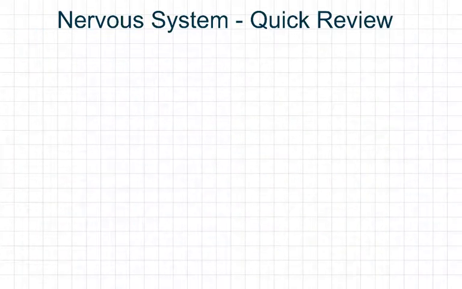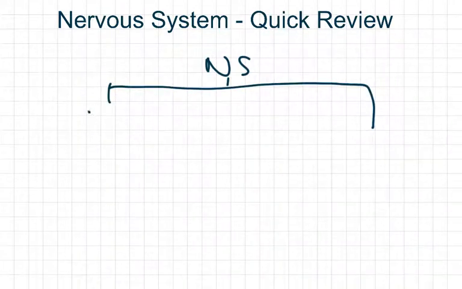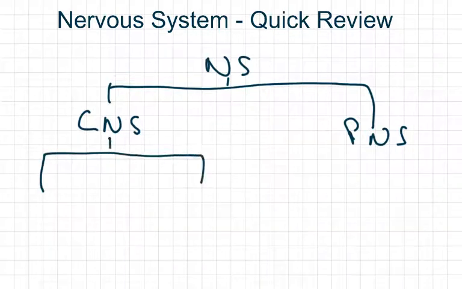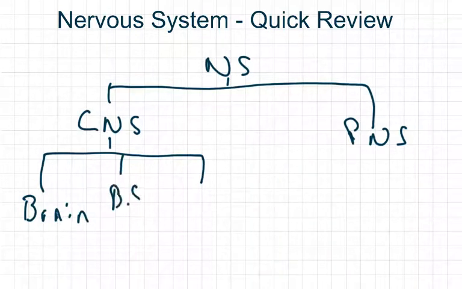Also, let's do a quick review on the nervous system. In the past, particularly in Chapter 7, we discussed that the nervous system is broken down into two components. You have the central nervous system and the peripheral nervous system, right? The central nervous system has three components: the brain, brain stem, and the spinal cord.